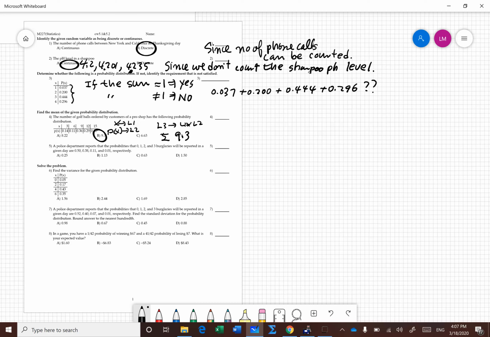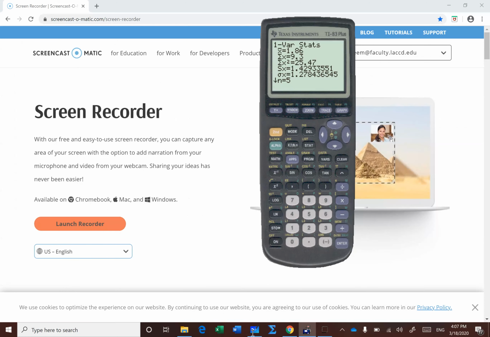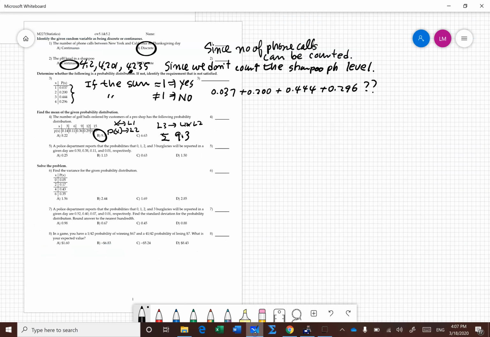Okay, let's go to number 5. Police department reports find the probability of 0 to 3 burglaries being reported in a given day. Do the same thing. I'm not going to do this one. What are you going to put in L1?